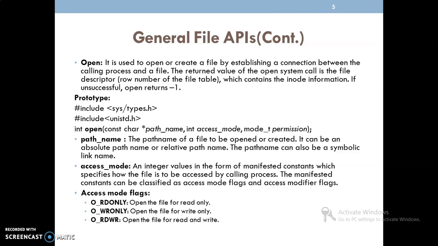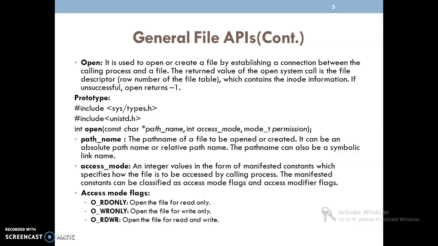And with respect to this Open API, the prototype, one thing you keep in mind, every API is used with respect to the default header files like sys/types.h. One more header file, that is unistd.h.